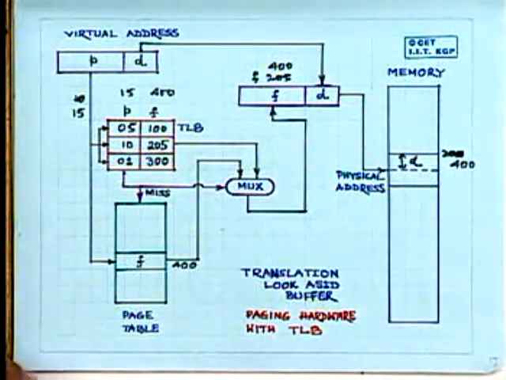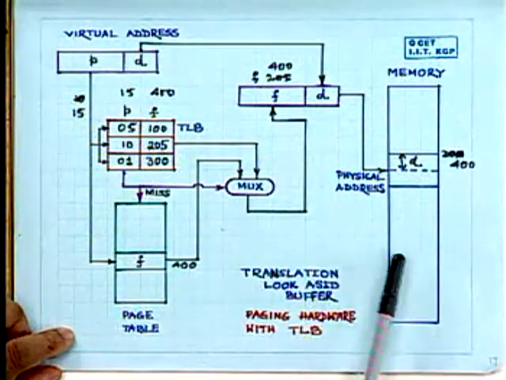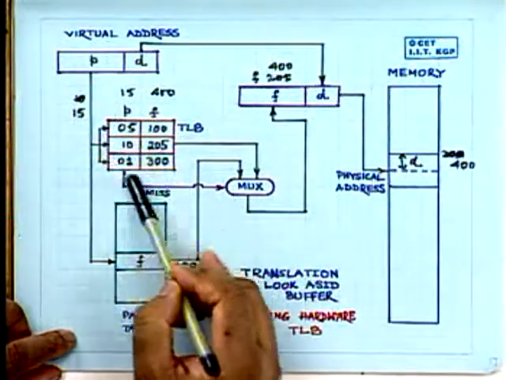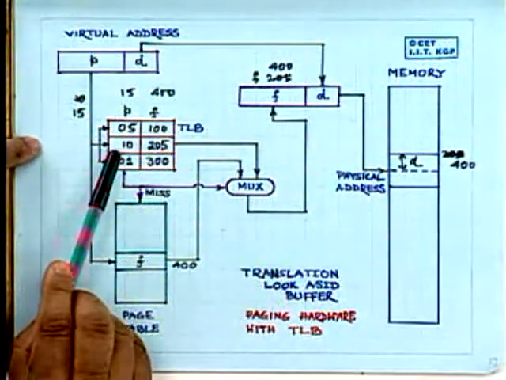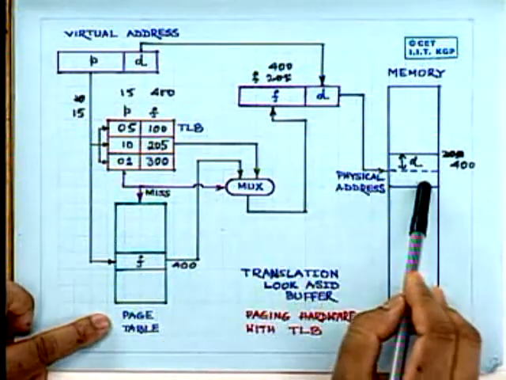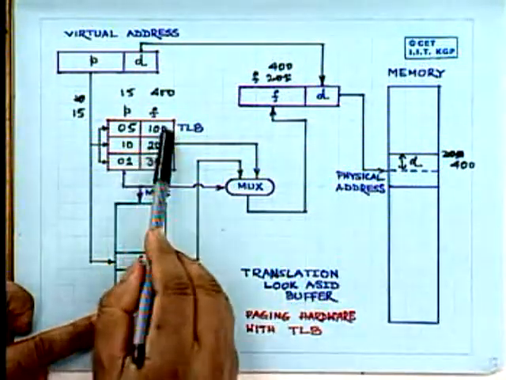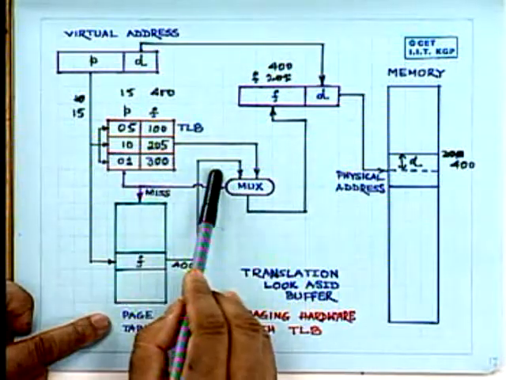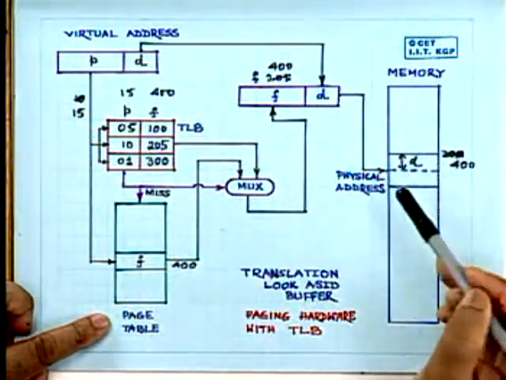Which means that, depending upon whether there is a hit or a miss, access time will depend. In the case of a miss, the access time is twice the memory access time plus the search time of the TLB, because the TLB will be searched first, then the page table will be searched, and then one goes to the memory. But if it's a hit, then it's the TLB search time followed by the memory access time, right?